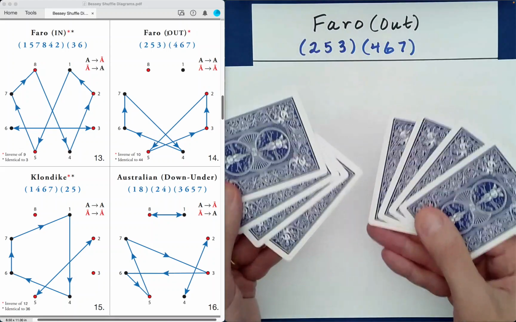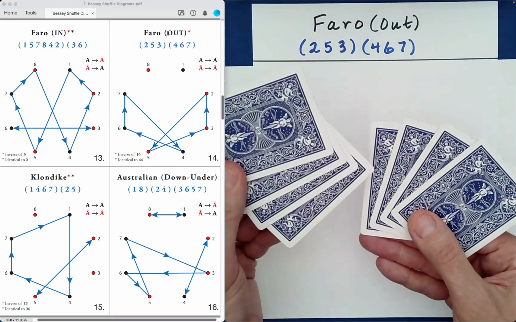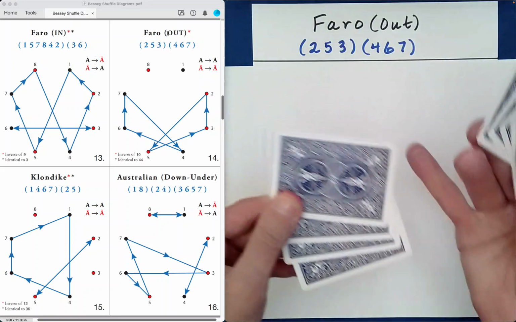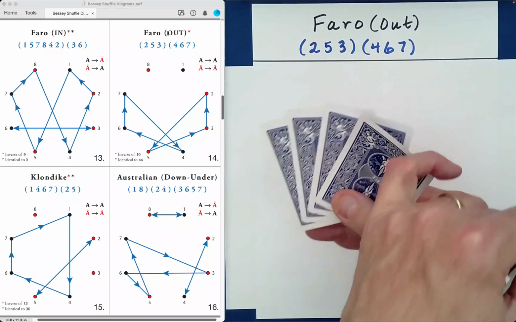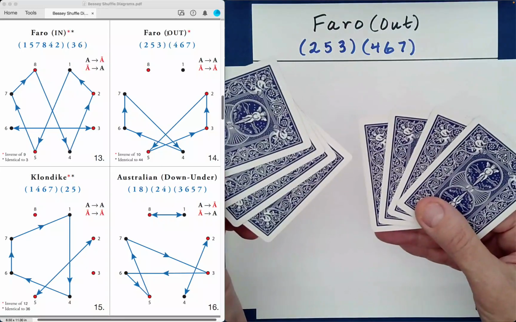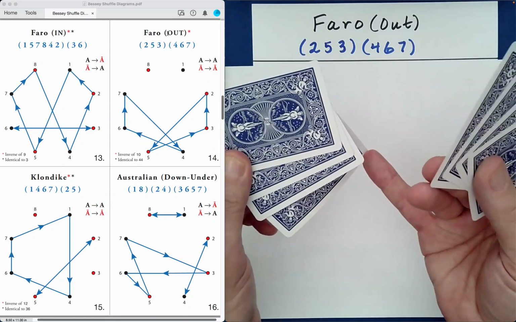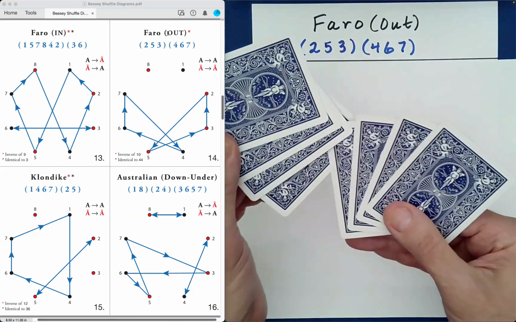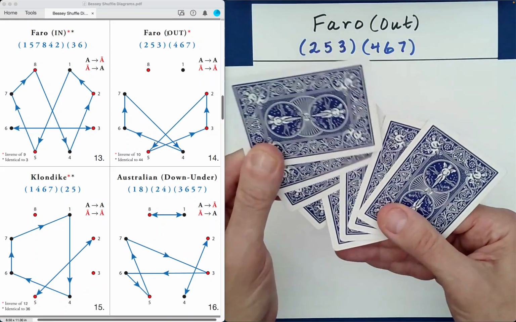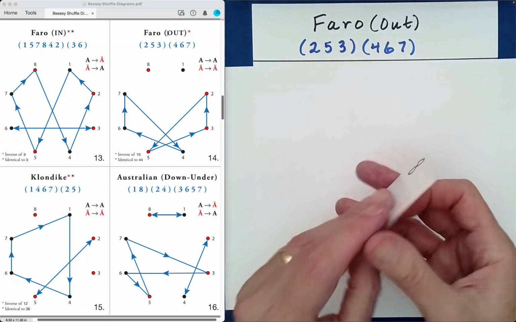So we're splitting the packet exactly in half. Now what we need to have happen is we need this card to go underneath the top card here. And we'll do that by having the card on the left below the bottom card on the right. And then you just perfectly interlace them.